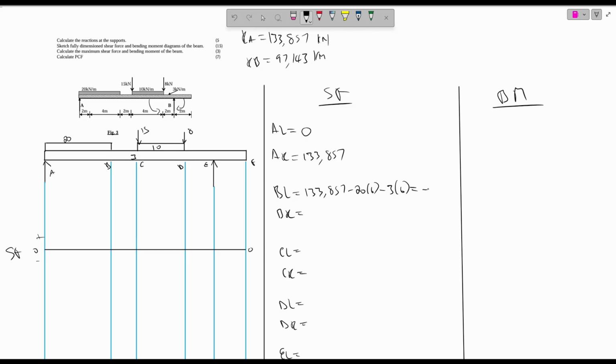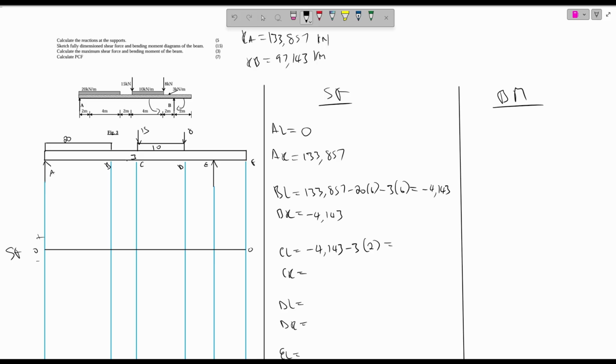Then we have minus 4.143. B right, we have minus 4.143. Nothing else is happening. C left, we have minus 4.143 minus our UDL, which is 3 times 2, this UDL in here.